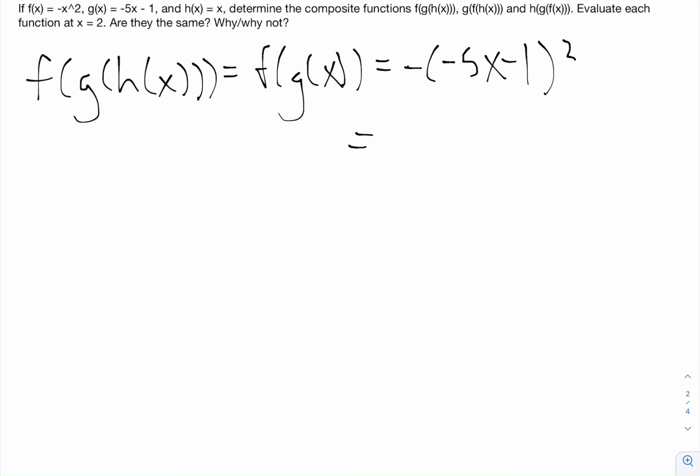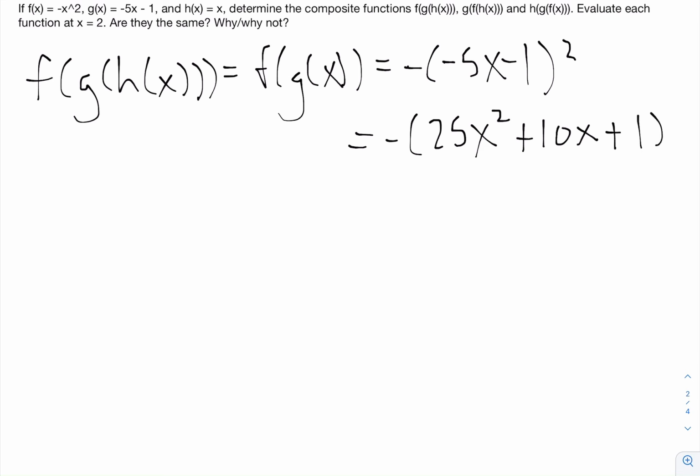So I'll write the negative out here, negative 25x squared, and then we'll get negative 1 times negative 5, so it's going to be positive 10x, and then we're going to get minus 1.